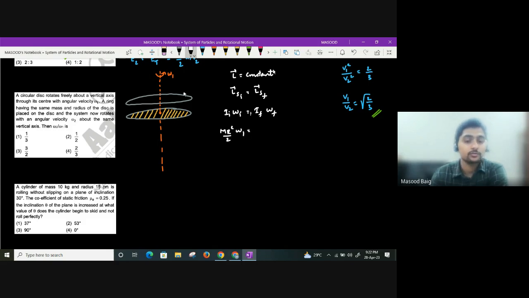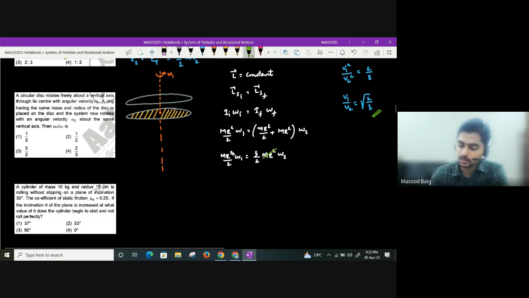Finally you have both the disk and the ring. For the disk, the moment of inertia is mr²/2; for the ring it is mr², into omega 2. So mr²/2 into omega 1 equals 3/2 mr² into omega 2. mr² cancels out. The ratio omega 2 by omega 1 is 1 by 3. So 1 is to 3 is the answer.